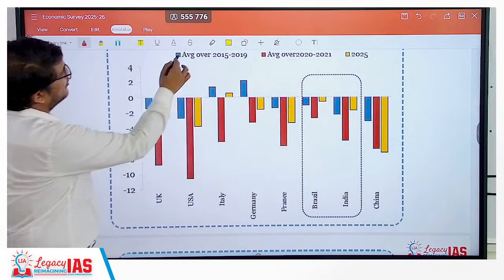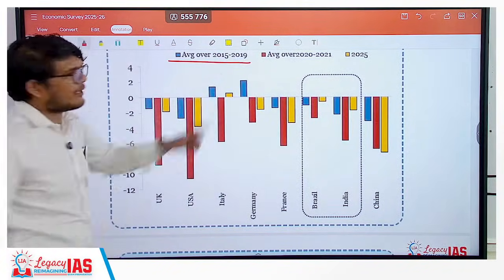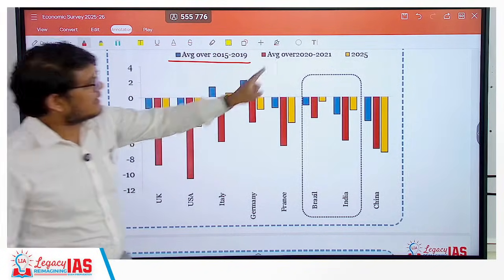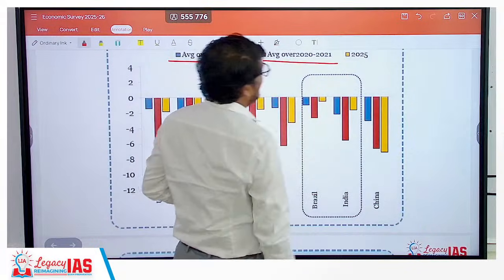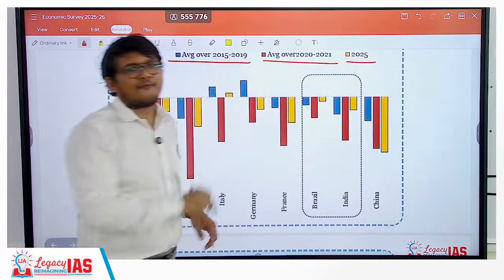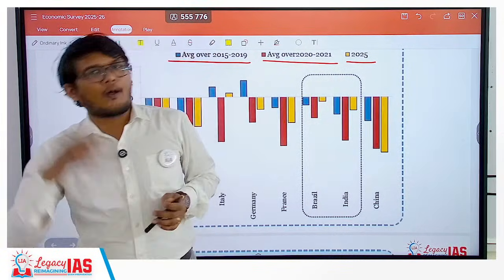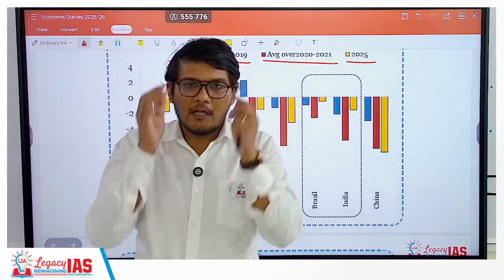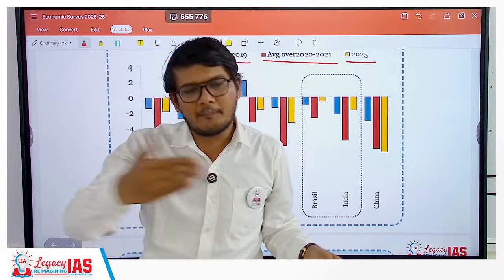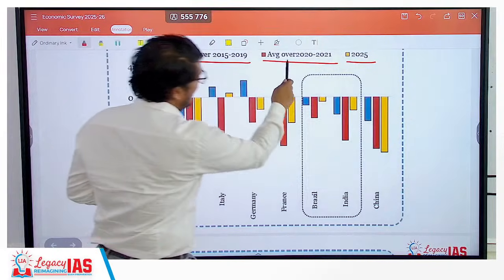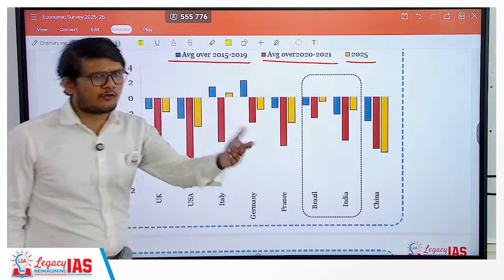Now, this blue color indicates average over 2015 to 19. This is the pre-pandemic period. This is the pandemic period, and this is 2025, the last year. So in a lot of graphs, you would see the economic survey bifurcating between the pre-pandemic era and the post-pandemic era. Here they have in fact taken pre-pandemic, the pandemic, and 2025, which is of course post-pandemic.